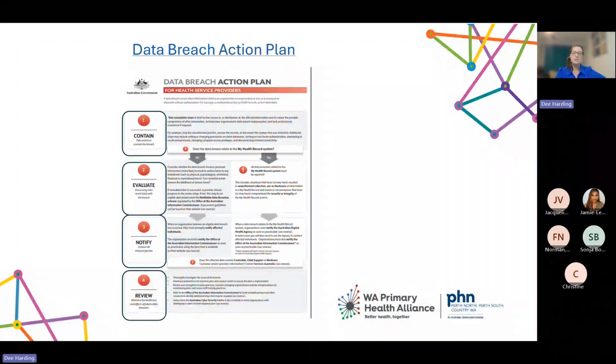So consider changing organisational policies and procedures for maintaining data and revise staff training practices. I'm sure that you've already got policies and procedures in place around security, so you would need to incorporate and modify them to include My Health Record. And of course, if you need any further information, you would contact the Office of the Australian Information Commissioner.